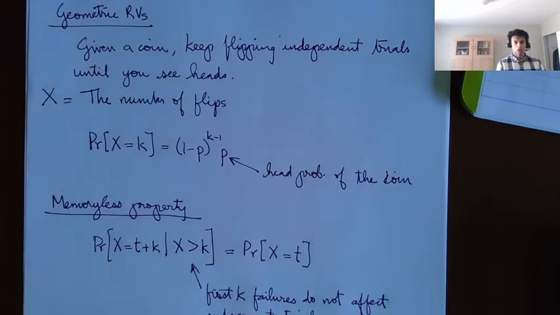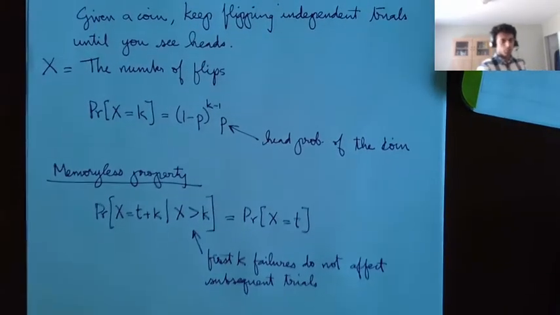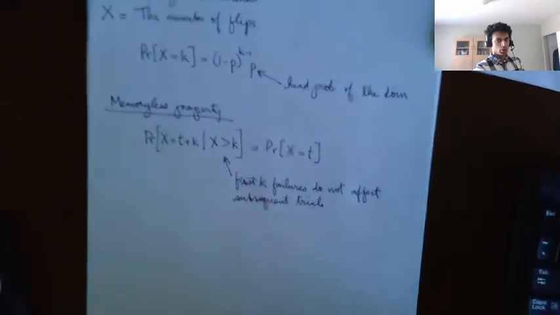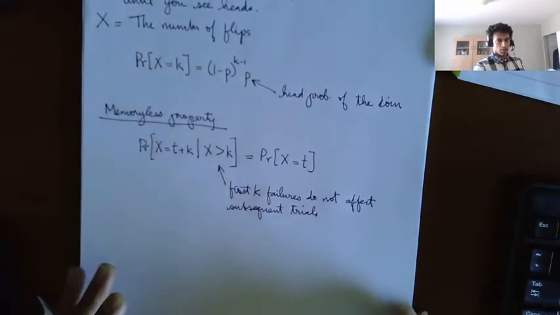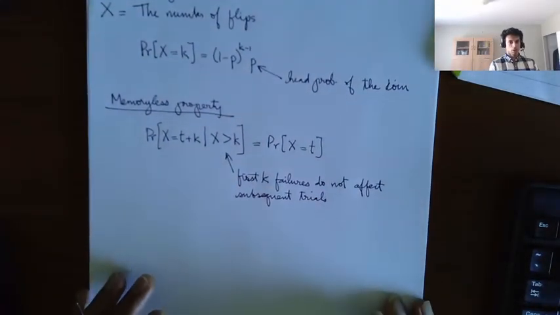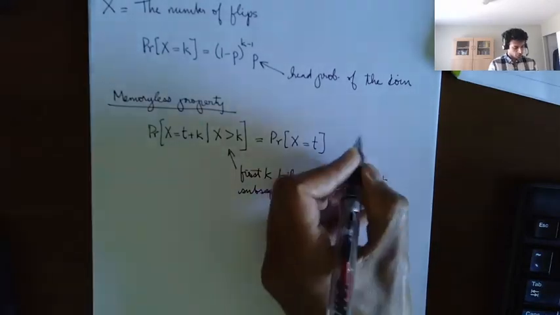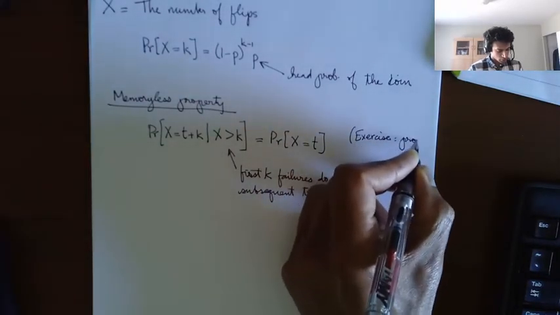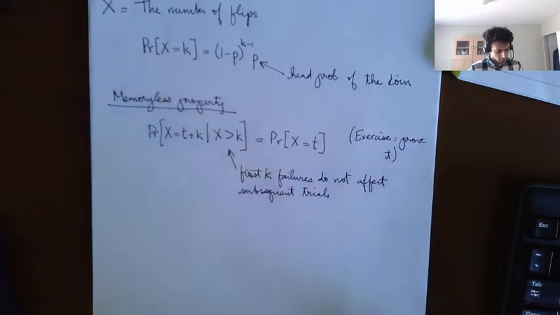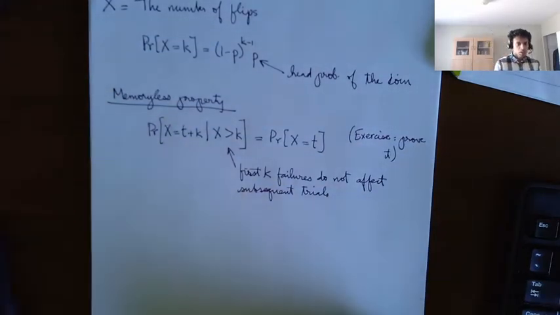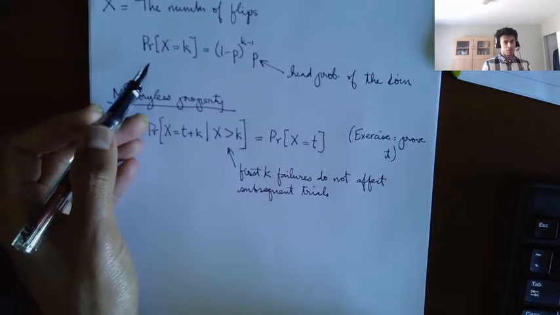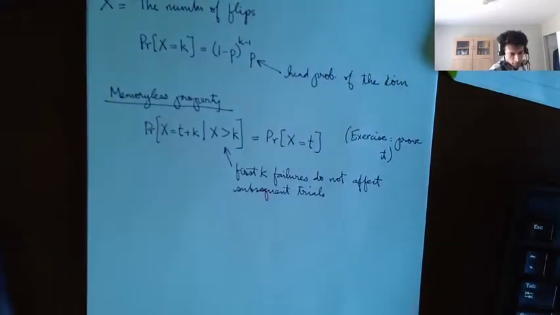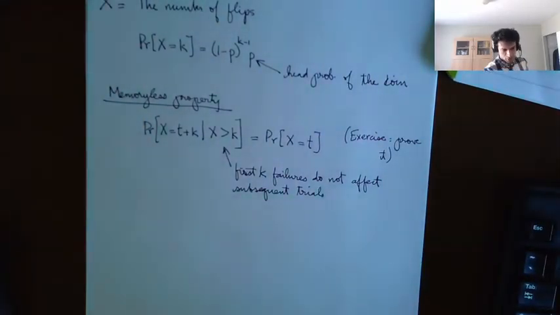And this is called the memoryless property, which is one of the key uses of geometric random variables. As an exercise, you can prove it. It's fairly easy. You can just use these expressions and do the algebra, and it should work.